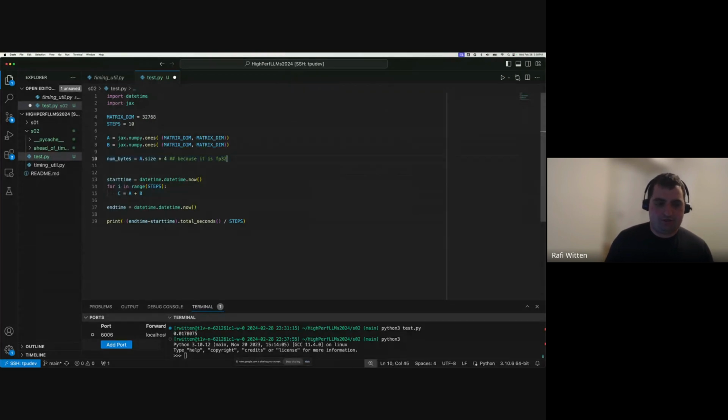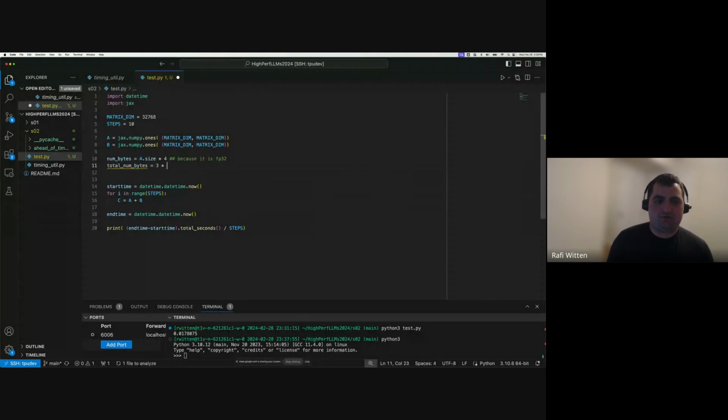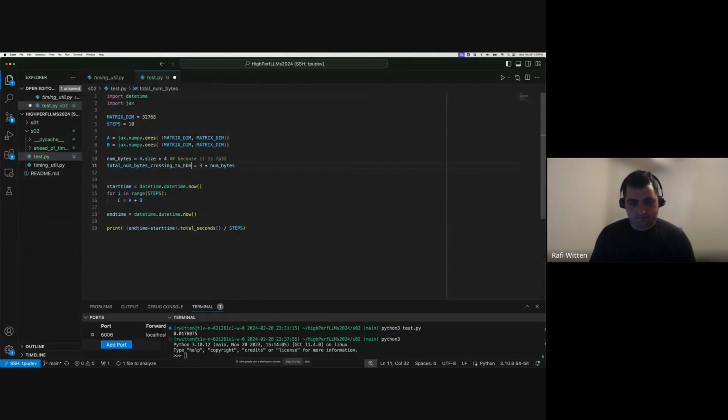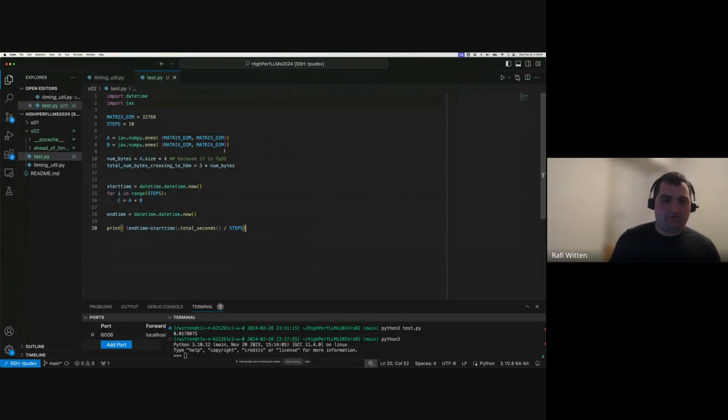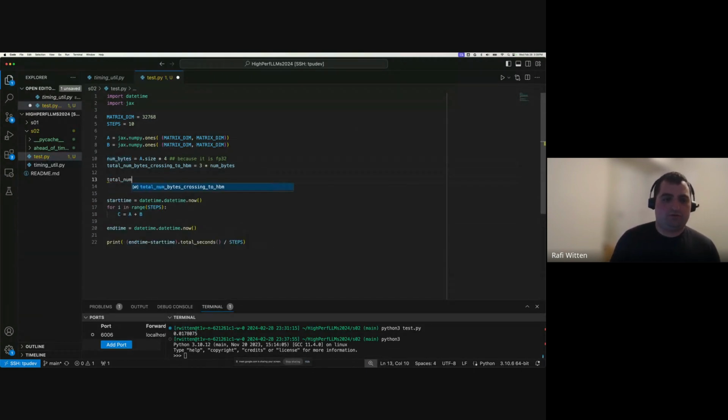We're going to do this 3 times. So total num bytes is 3 times num bytes crossing to HBM. And then our total number of flops is matrix dim squared. Cool. So matrix dim times matrix dim.